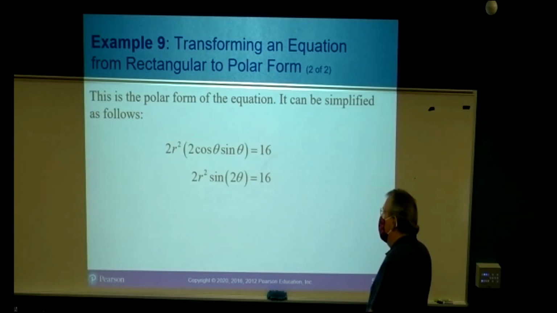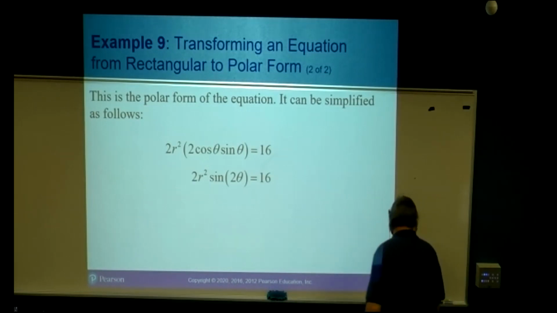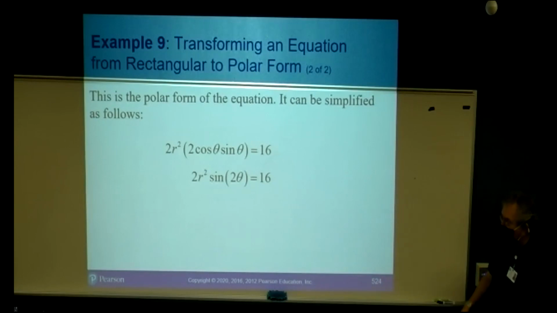And I would go one step further and divide both sides by sine 2 theta and get 8 times cosecant 2 theta. But that's me. But this survives. If you get this type of problem on the test, this is as far as you need to go. Okay.